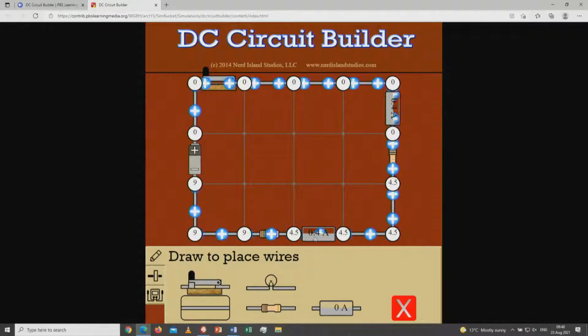And then you look at the current. I1 represents the current through resistor 1. I2 represents the current through resistor 2. I hope you'll be able to see these values.